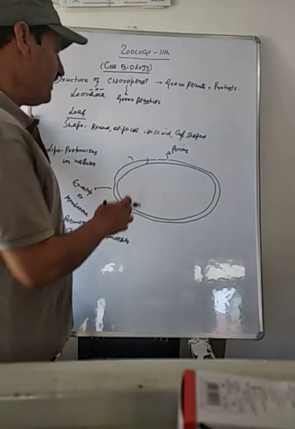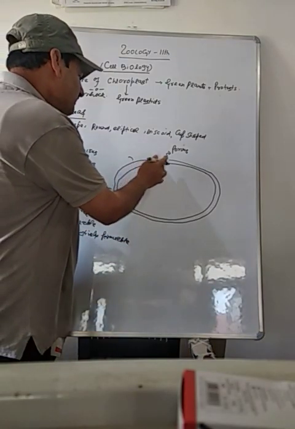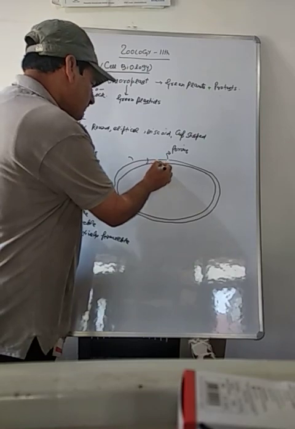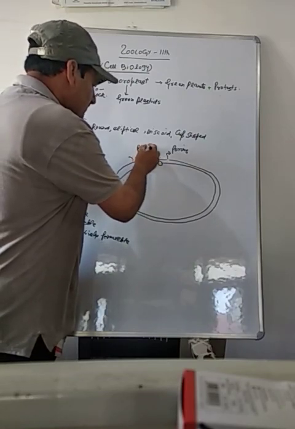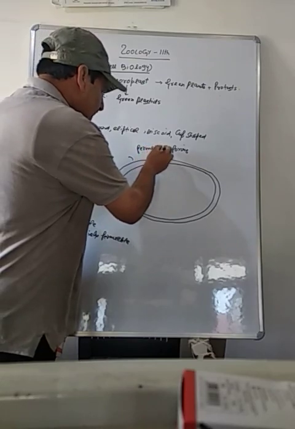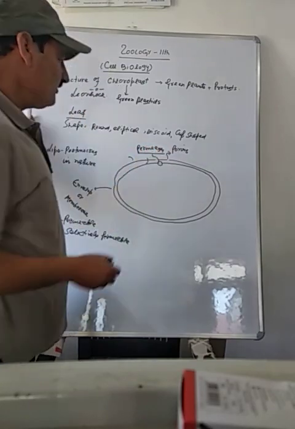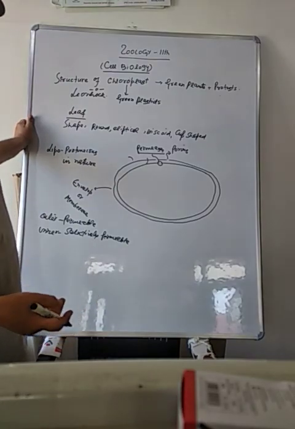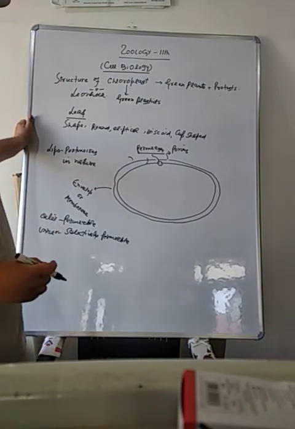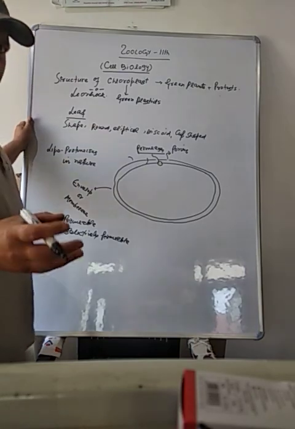But the inner membrane has some proteins, called permeases. These proteins allow the material to pass through under active transport, and they have the power of selection.